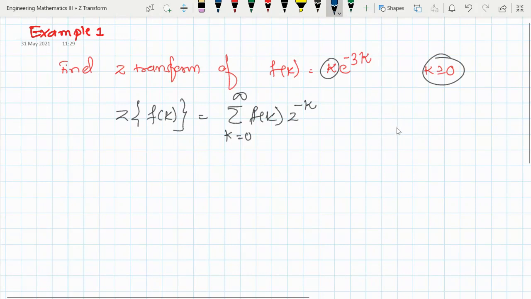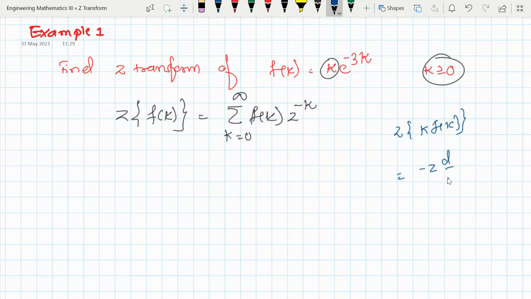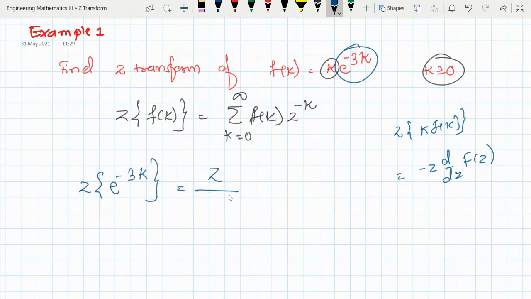We have seen that the Z transform of k into f(k) is simply minus z d by dz of F(z), where F(z) is nothing but the Z transform of f(k). Here e raised to minus 3k is f(k). So let us find the Z transform of e raised to minus 3k, and it is nothing but z divided by z minus e raised to minus 3.